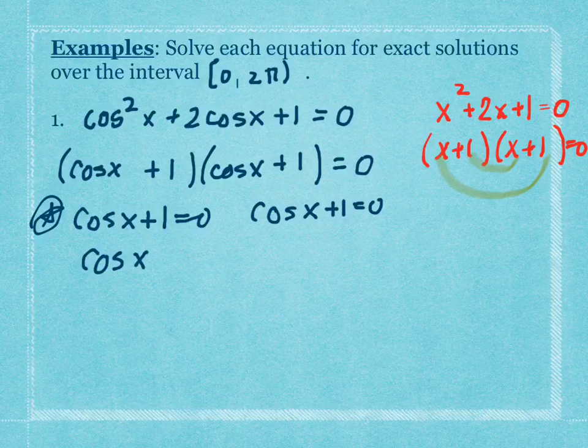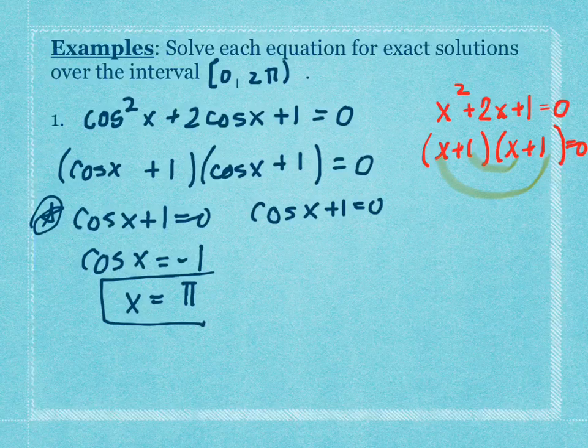So this is cosine of x equals negative 1. And then I'm back to the unit circle. On the unit circle, where does cosine equal negative 1? At pi, exactly. And, oops, I was about to put pi over 2. That is the only place where that happens. Okay? It's a quadrantal angle.